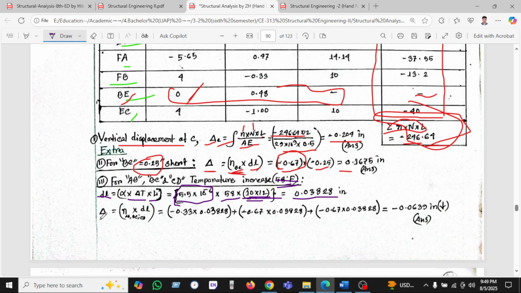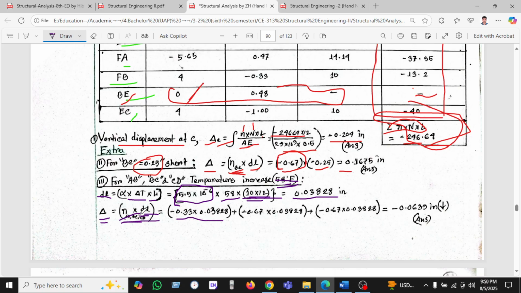Now we can calculate the deflection of ABCD. It will be the virtual load n times delta L, where delta L was found previously. For AB, n is 0.33.